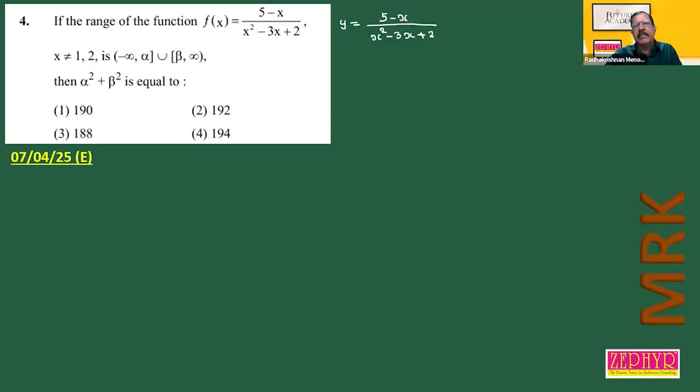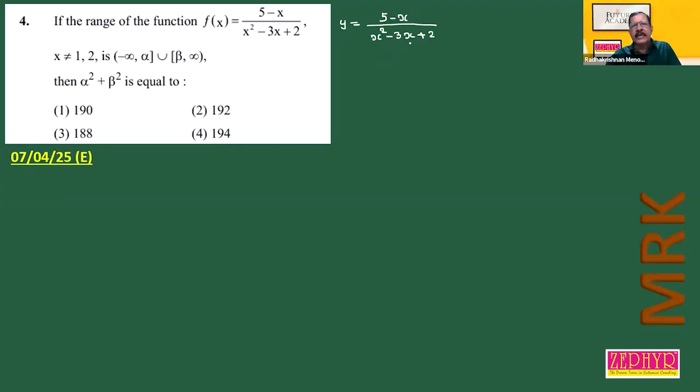Now, here to find out the interval in which y lies, for that you express this equation as a quadratic equation in x.